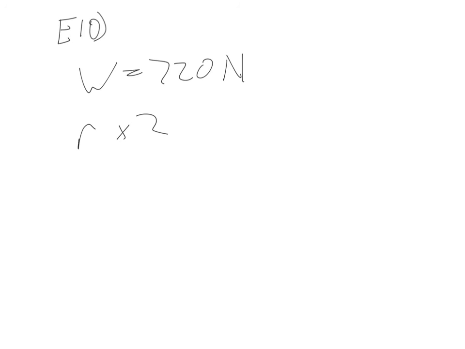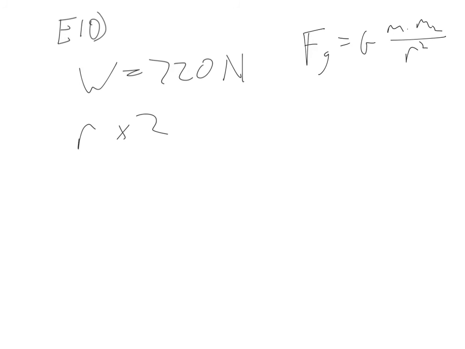If you recall, increasing the distance causes the force to go down by a factor of that change squared, because force of gravity is equal to capital G m1 m2 divided by r squared. G, m1, and m2 stay the same. The only thing changing is r, and that affects the force of gravity by a factor of that change squared.